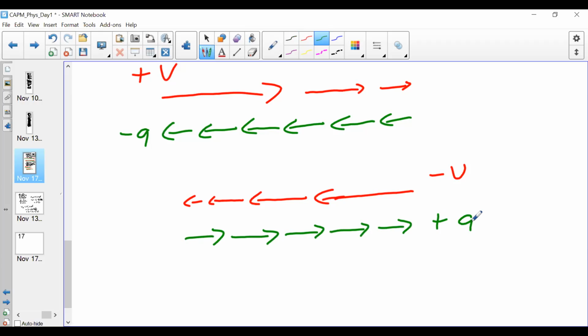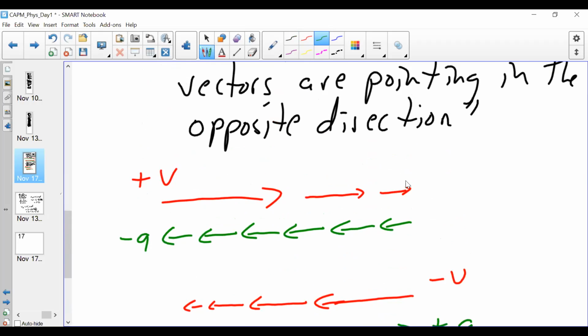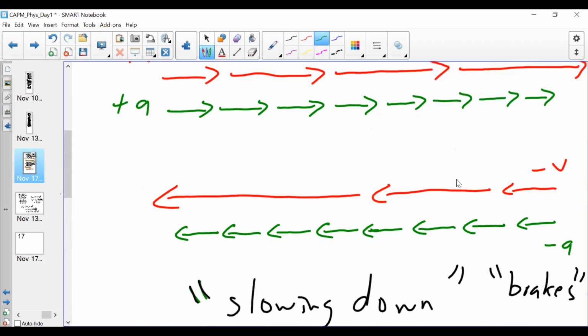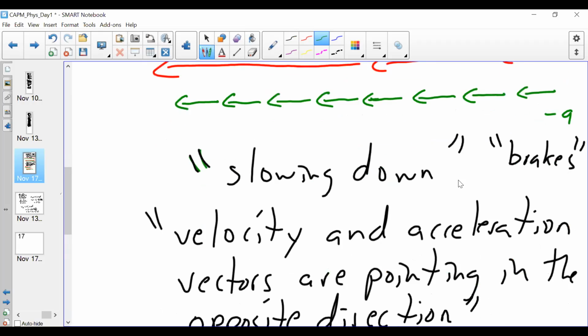So in terms of motion map, that's what we have. So make sure you have this guy down. Speeding up, slowing down.